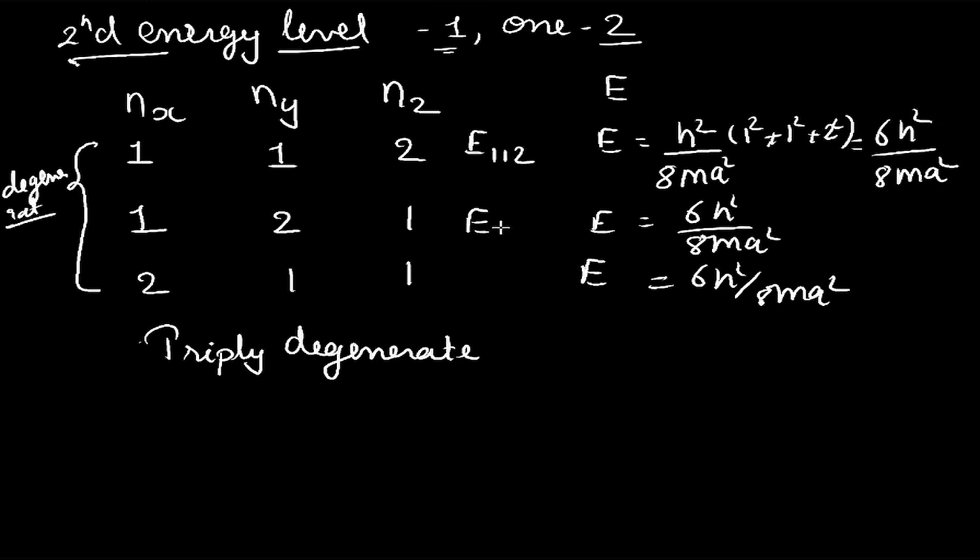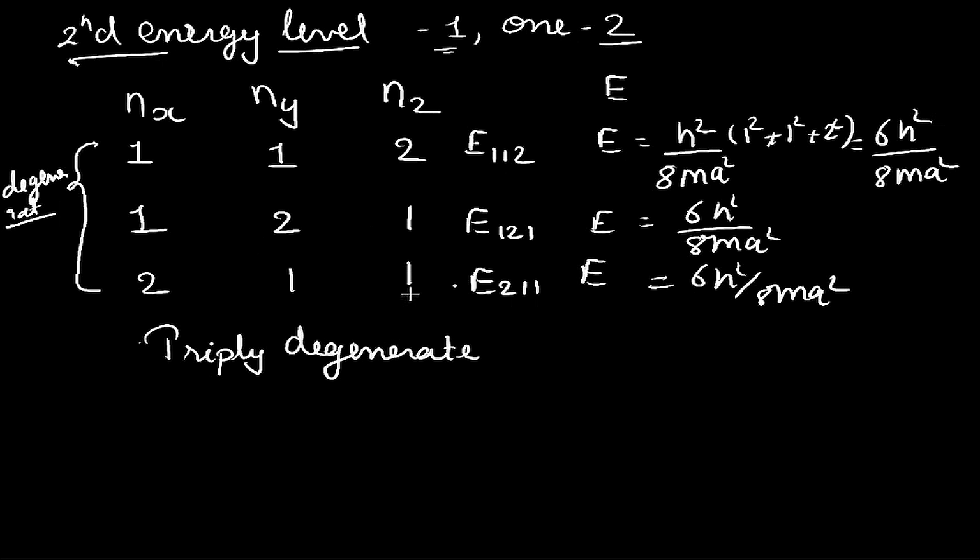This could be represented as 1 2 1, and energy could be represented as 211. So there are three states having the same energy, and hence those states or energy levels are said to be degenerate. And as there are three energy levels having similar energy, they are referred to as triply degenerate.